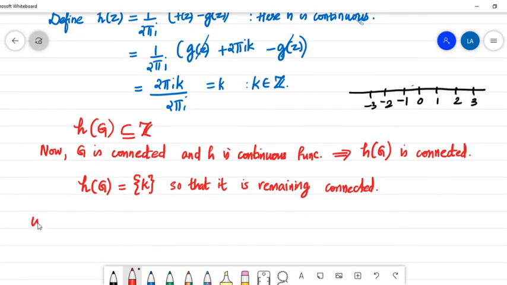Which means we are fixing a k here because it can be only a singleton set.